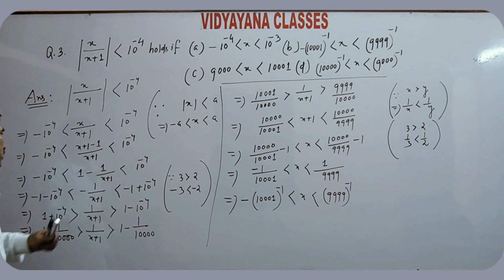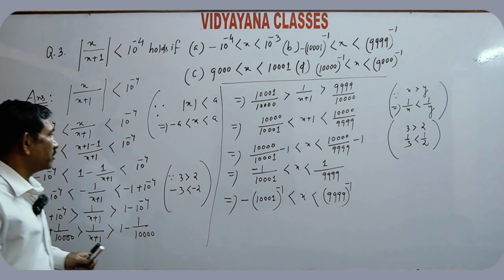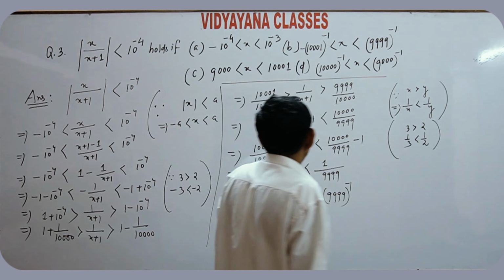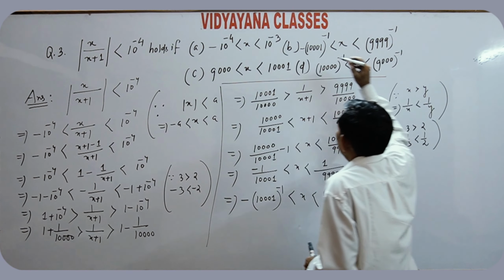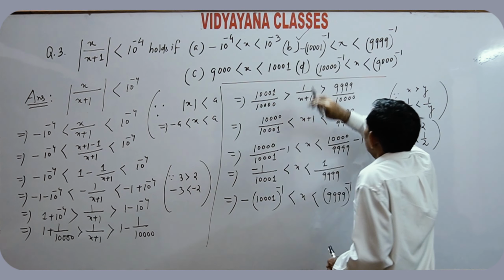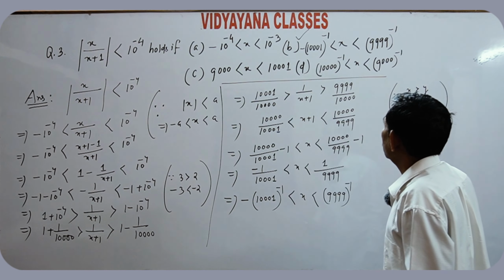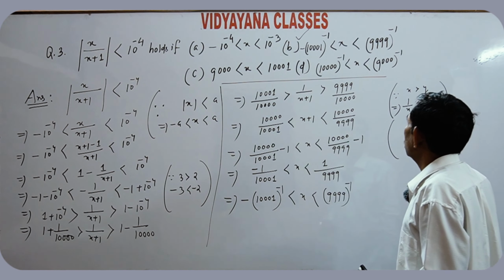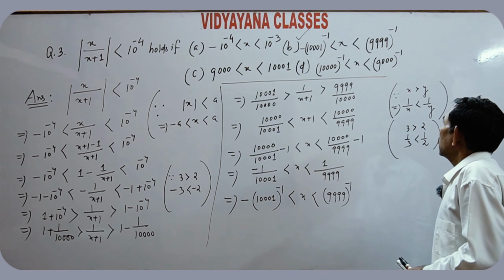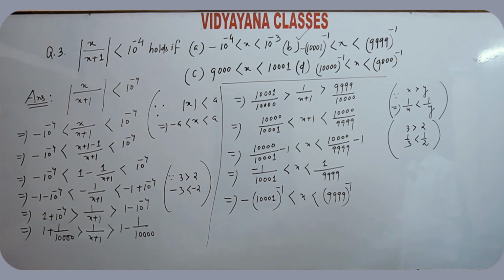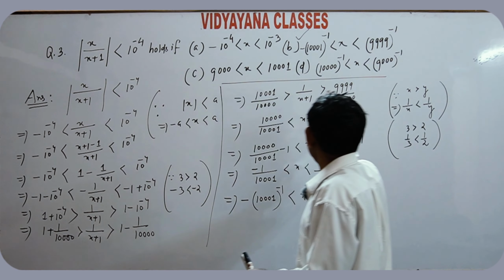Next is the general solution. So the correct option is B. x greater than minus 10,001 to the power minus 1 less than x less than 9,999 to the power minus 1 is the correct option.